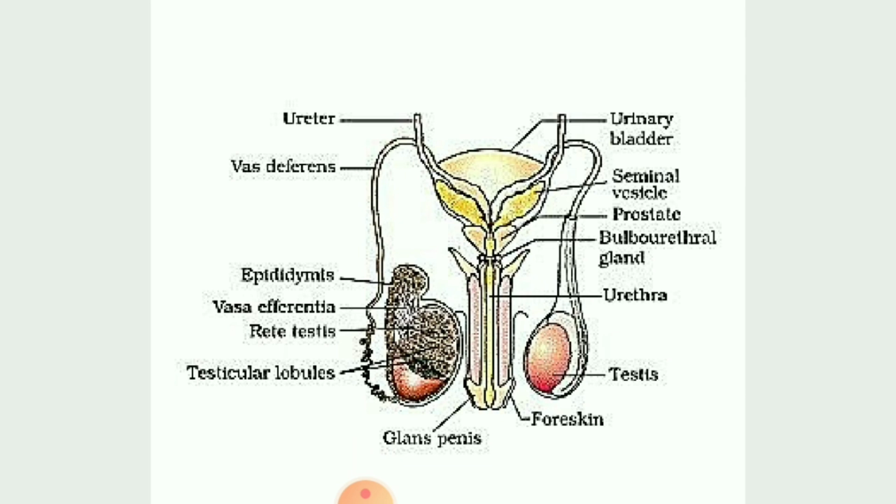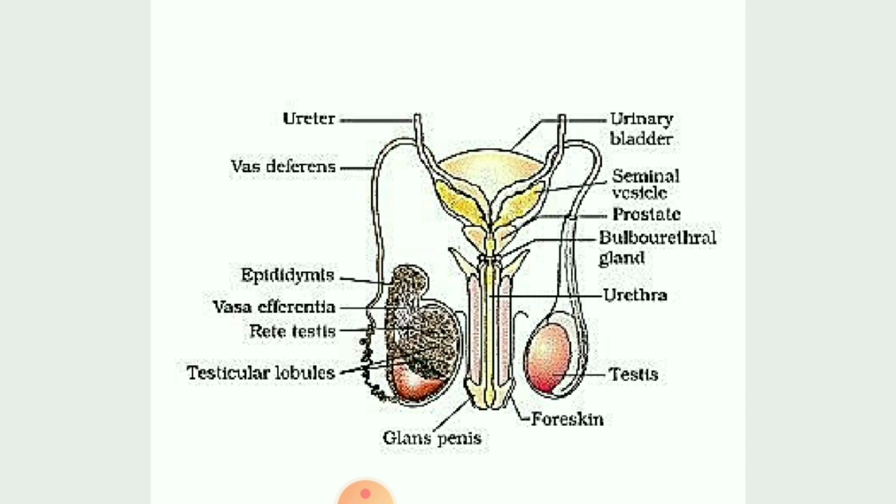It generally becomes enlarged and is full of blood. Then the seminal vesicles. These, children, consist of fructose, which is responsible for the survival of the sperm as it provides nourishment. It also consists of a sticky material which is responsible for the sperm sticking to the cervix of the female.